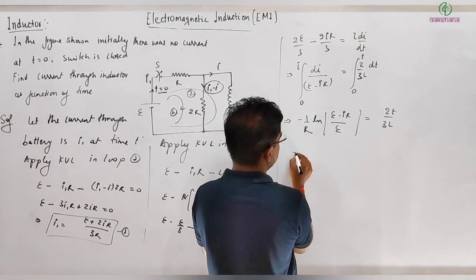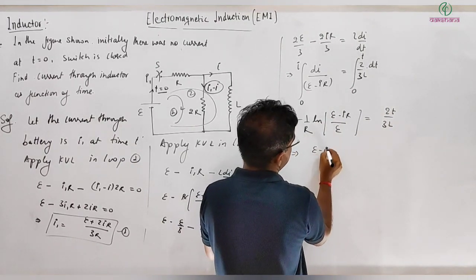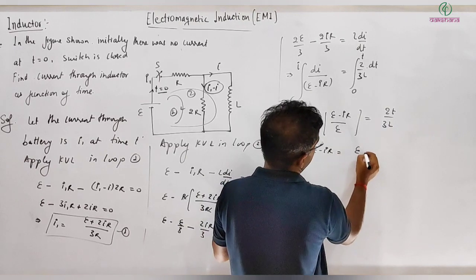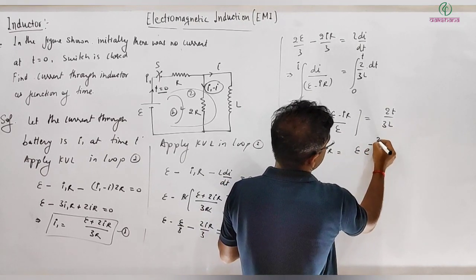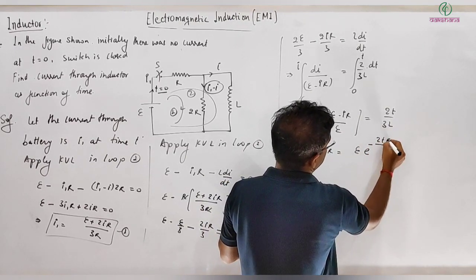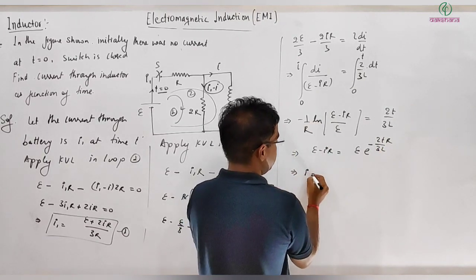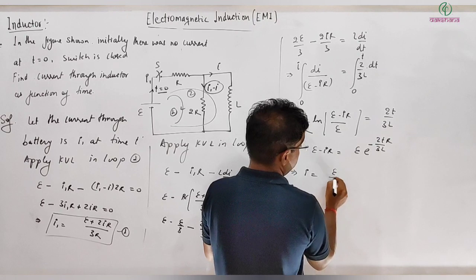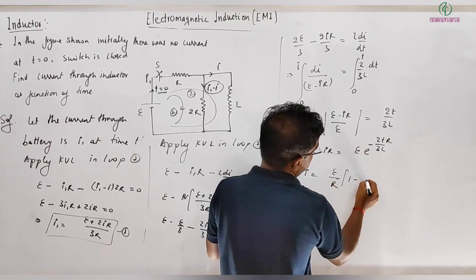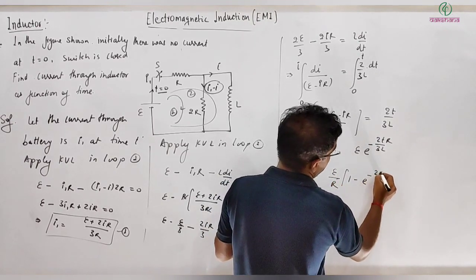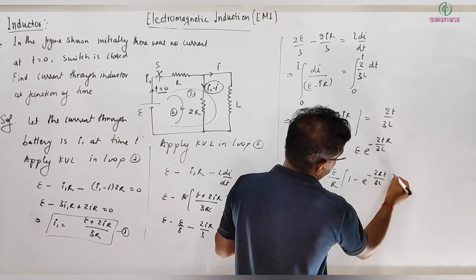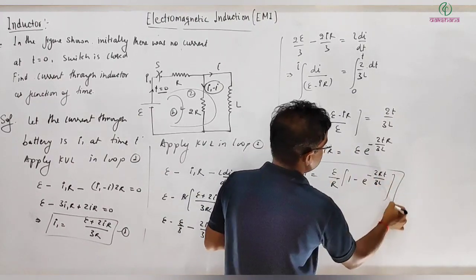Taking the exponent, E minus IR equals E into e raised to power minus 2Rt by 3L, and this implies I is equal to E divided by R into (1 minus e raised to power minus 2Rt by 3L). So this is the answer we are getting.